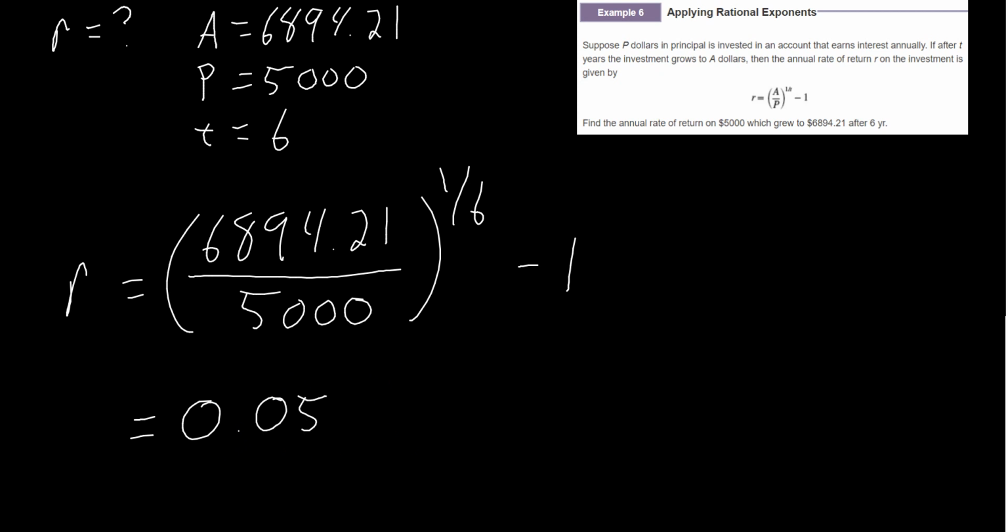It doesn't say how many decimal places, but we're talking about percentages here, so we'll just go out 1. So we would say 0.055, which is equal to 5.5% if we put it in percentages. So the annual rate of return is 5.5%.